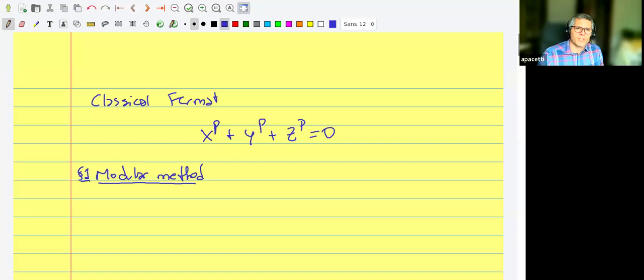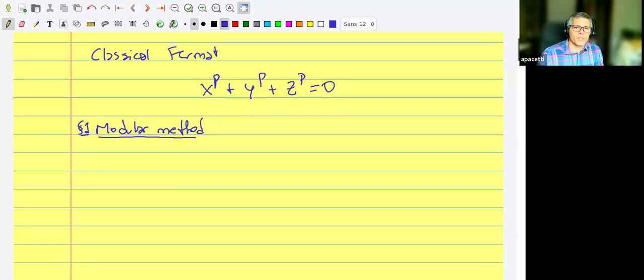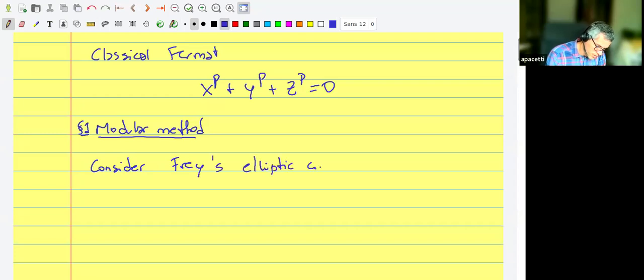So you start by attaching some geometric object which has nothing to do a priori with the solution. So you consider the Frey curve, and I want to write the equation.